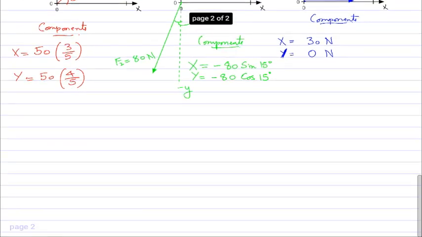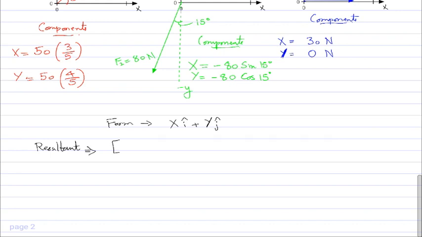So all these vectors are of the form xi plus yj. So to find the resultant, what you would do is just add the x components first.